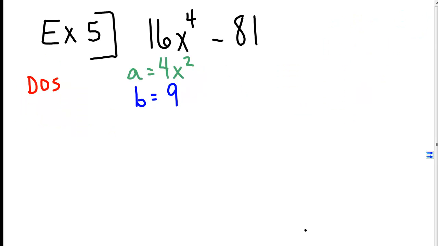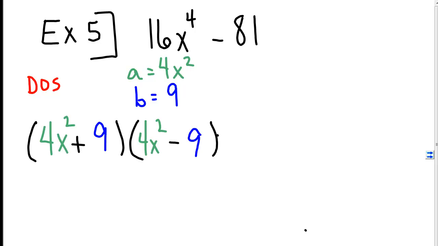Example 5. 16x to the 4th minus 81. This is a difference of two squares. A is equal to 4x squared, and b is equal to 9. Put those into our factors, and we have 4x squared plus 9 times 4x squared minus 9.